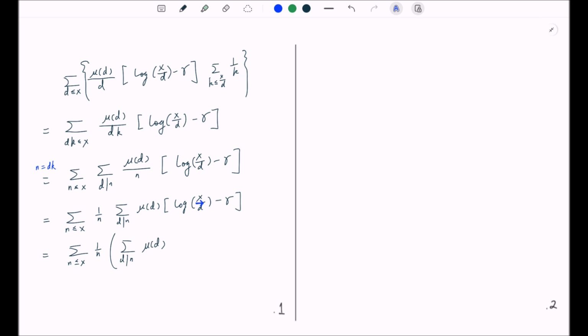What we do is that we will rewrite this as log of x minus log of d. And we will group log of x minus gamma together. And the second part is the divisor sum of mu of d times log of d.